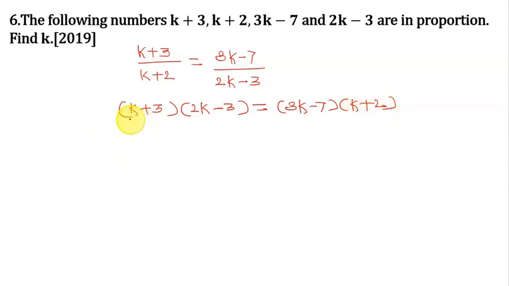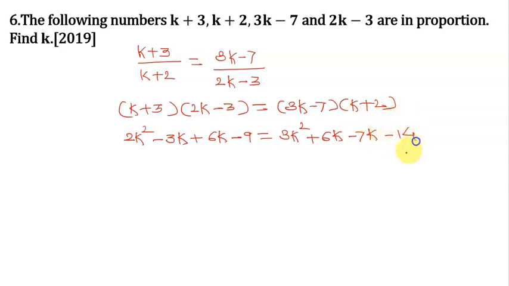Okay, next simplification. k into 2k gives 2k square, k into minus 3 gives minus 3k, 3 into 2k gives 6k, and 3 into minus 3 gives minus 9. Next, 3k into k is 3k square, 3k into 2 gives 6k, minus 7 into k is minus 7k, and minus 7 into plus 2 is minus 14.